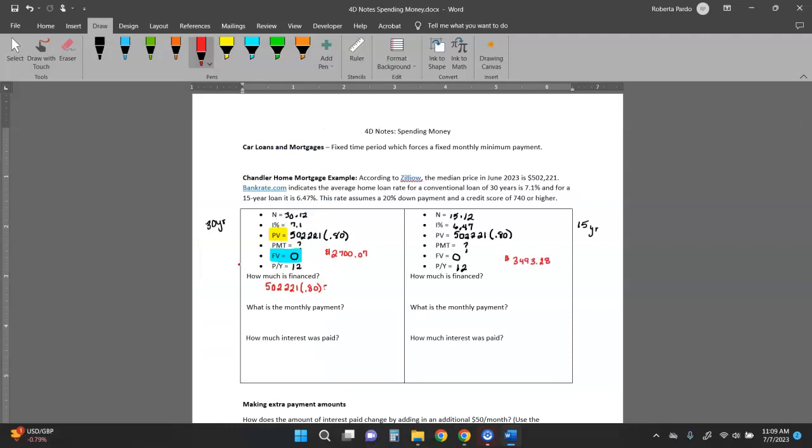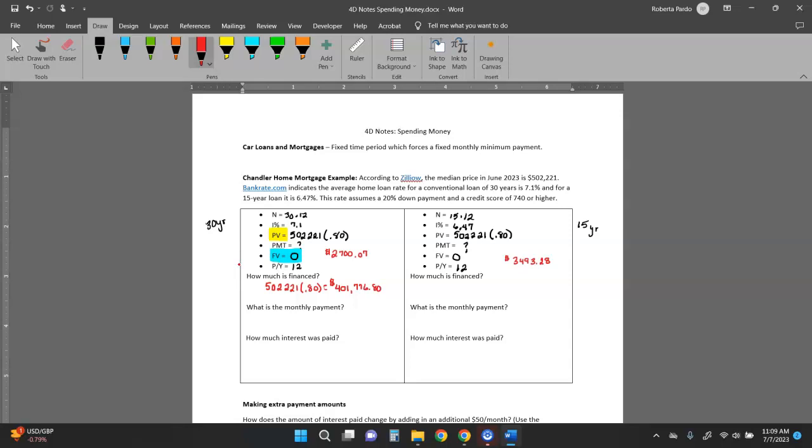So we know the amount of the loan is $401,776.80. So what is that monthly payment?